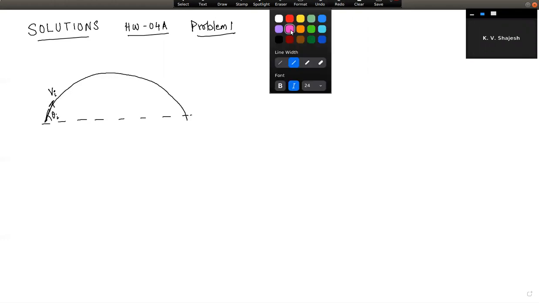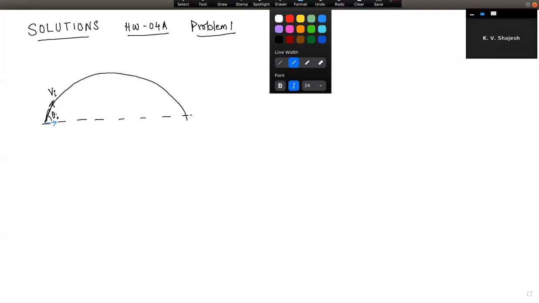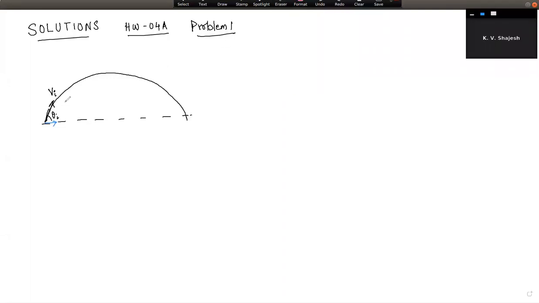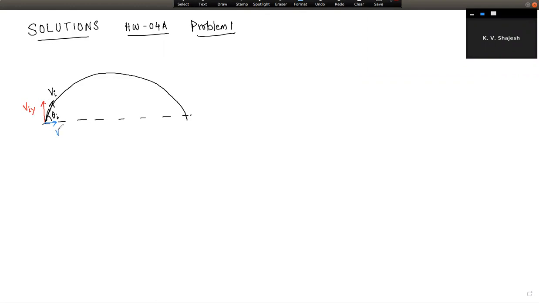Let me use some colors here. So maybe blue. So that's your x component, and the y component can be in red. So the y component is v initial y, and the x component is v initial x.